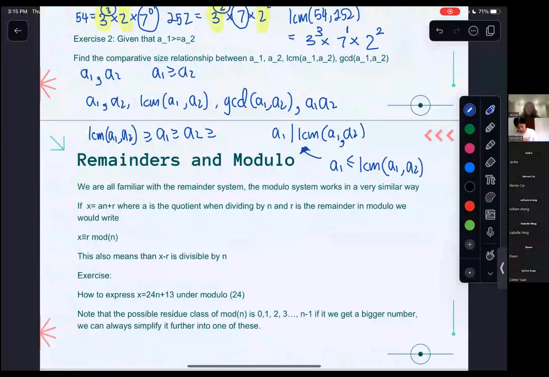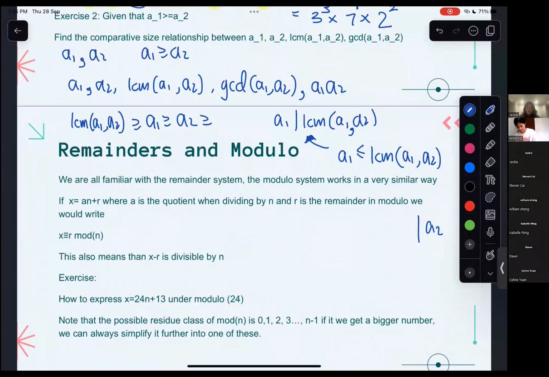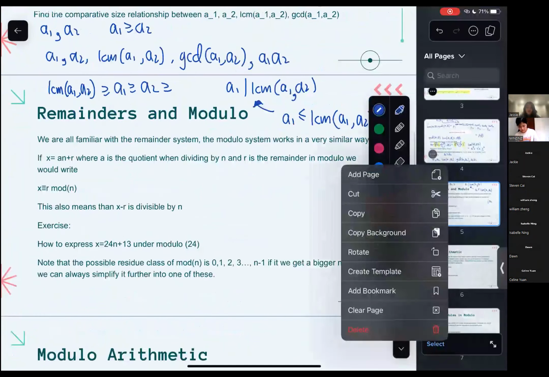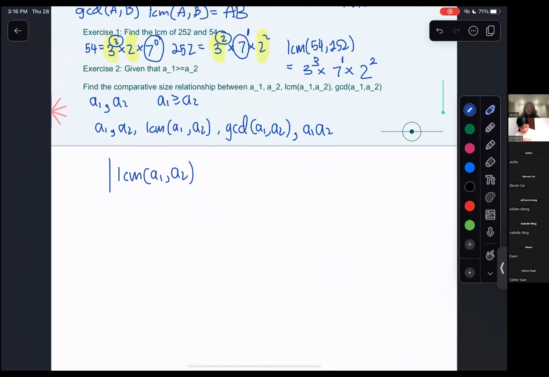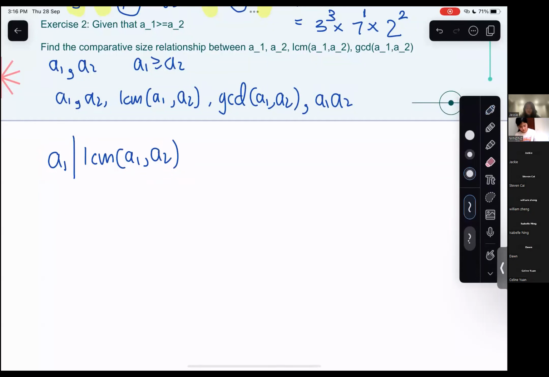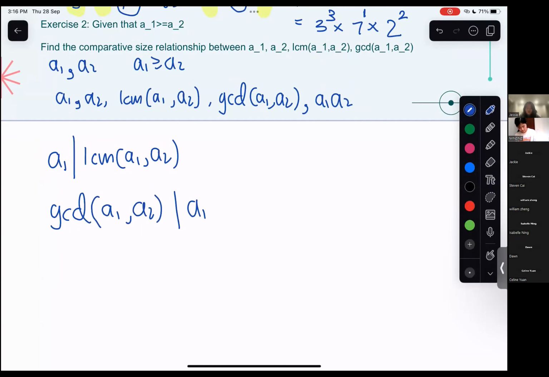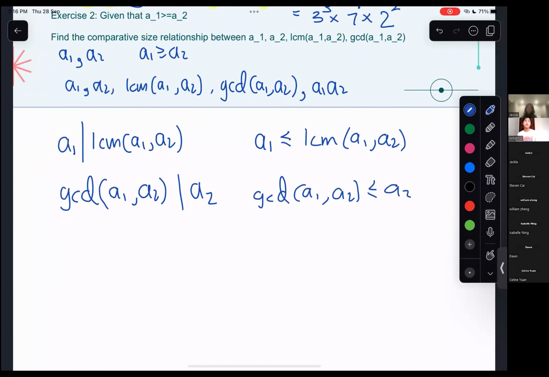And we know that A2, so like we said, so we can do something like this, right?